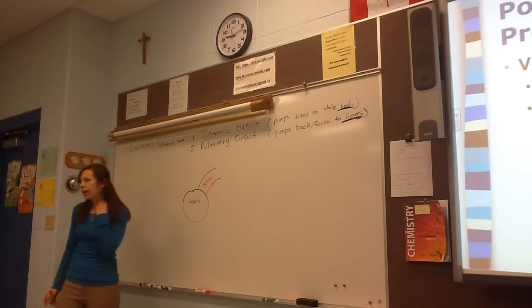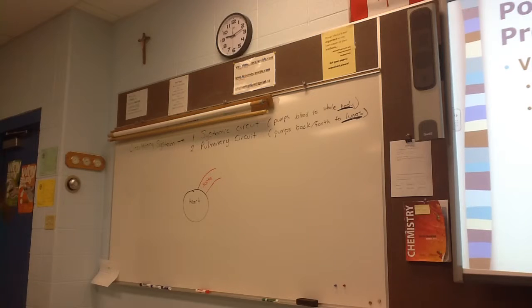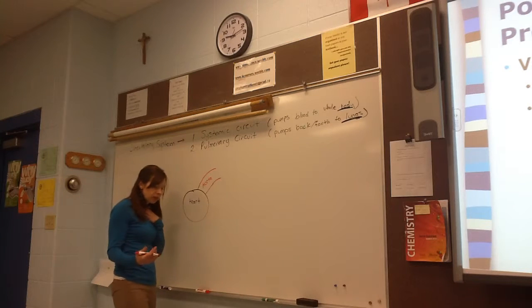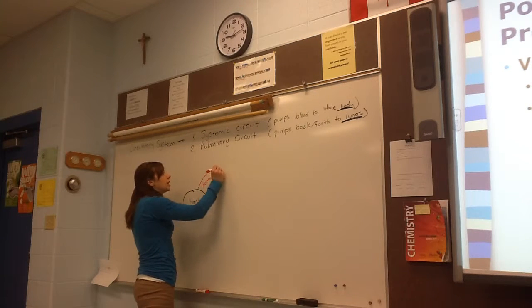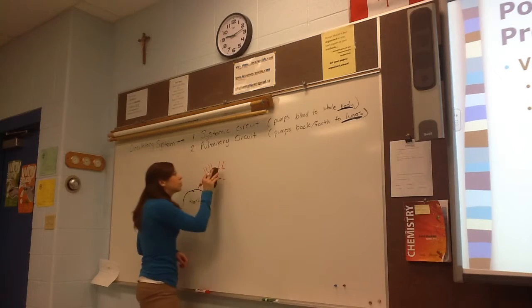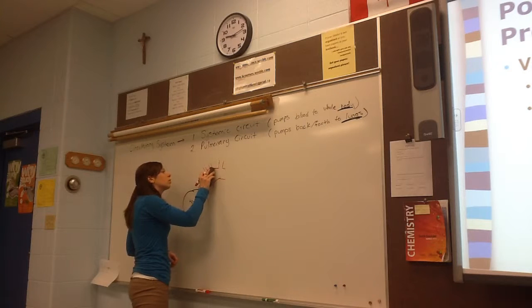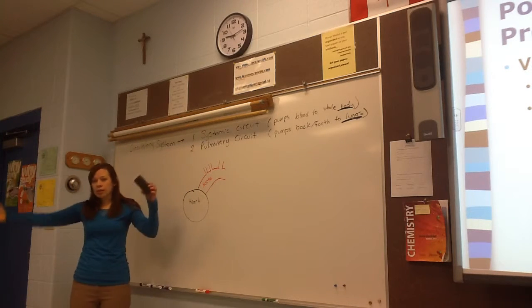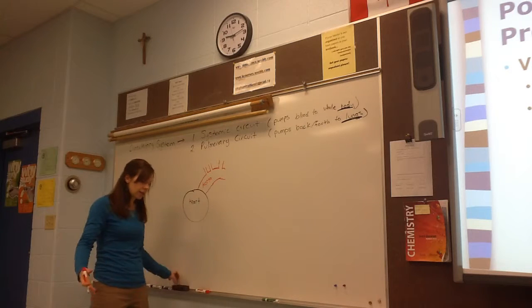So I'm using red because I'm saying this is oxygenated blood and it needs to go to my body. So it pumps out of something called an aorta. Now the aorta will branch off into different arteries. Some of these arteries will go to your head, some will come down to your legs, etc.